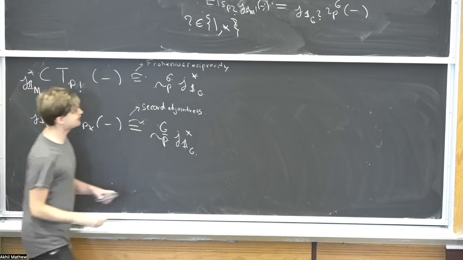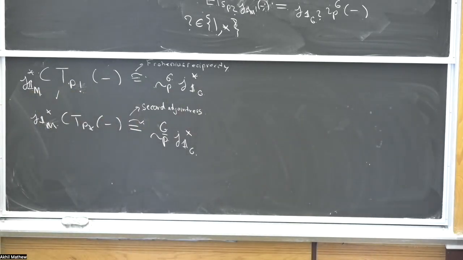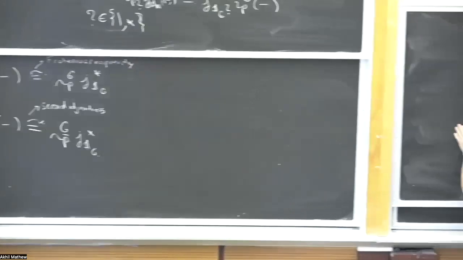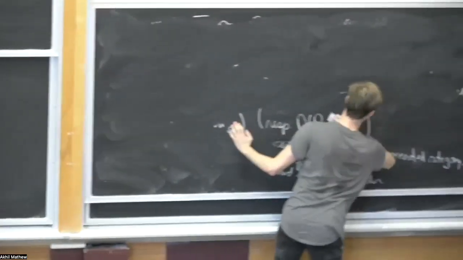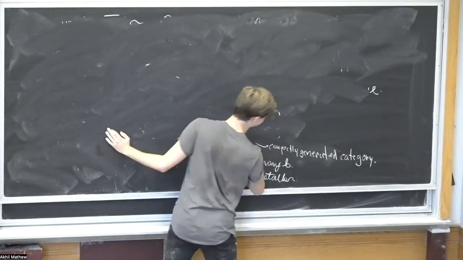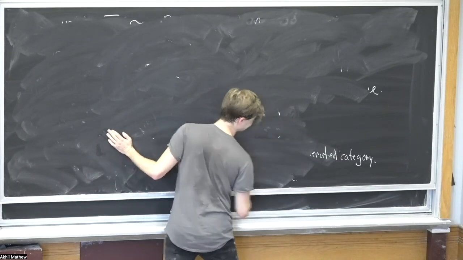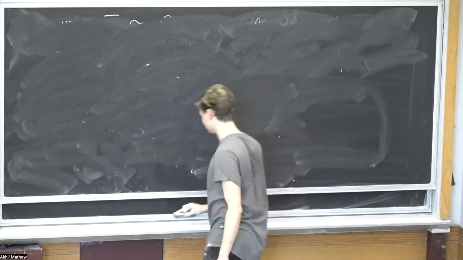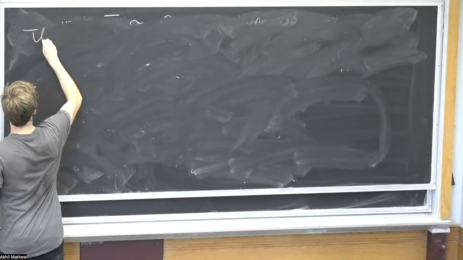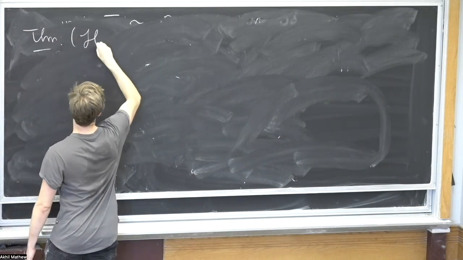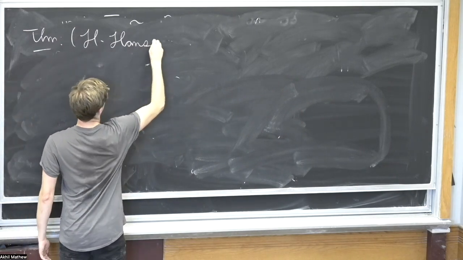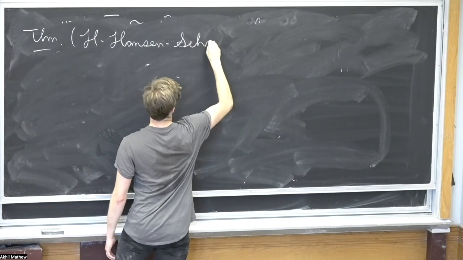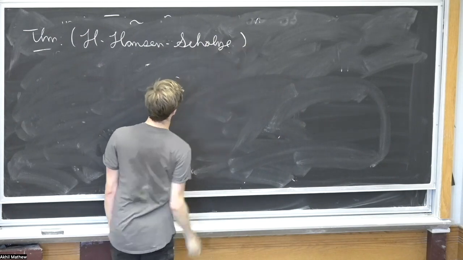Right, so with this in mind, we can now state the main theorem. So only took an hour to do it. But right, so the main theorem is that sort of the analogues of the results I wrote at the beginning are true.